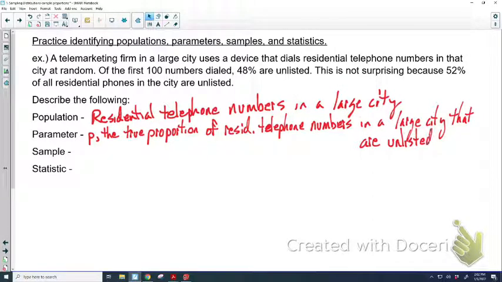And we know that proportion. Is it 48 or 52? It is 52.